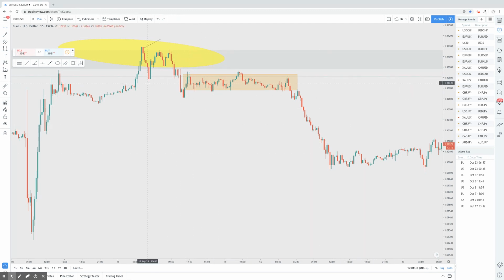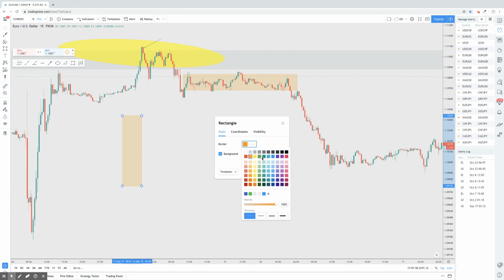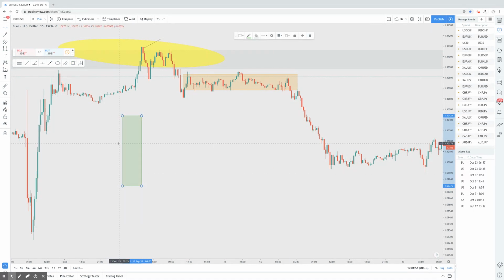There's a very specific reason why. This candle, okay, this candle here, let's make it green because that's what we're looking at, essentially is telling me that we have a lot of sellers waiting at this zone, okay? So we have a lot of sellers waiting here who are going to push us downward, okay?